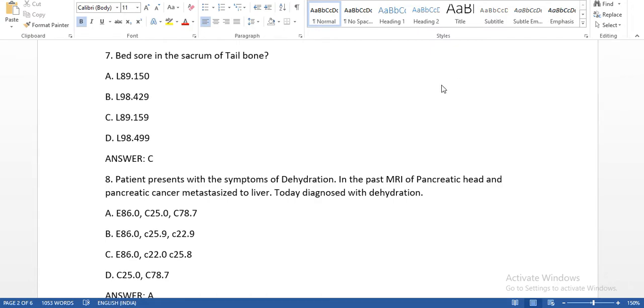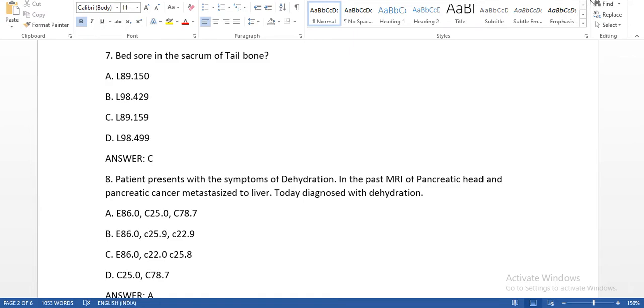Basically we have 4 stages here. As in our question there is no stage mentioned, we will code it as unstageable pressure ulcer. Unstaged pressure ulcer, sorry. Otherwise you can call it unspecified pressure ulcer stage. So if you have a pressure ulcer stage, this code will change.